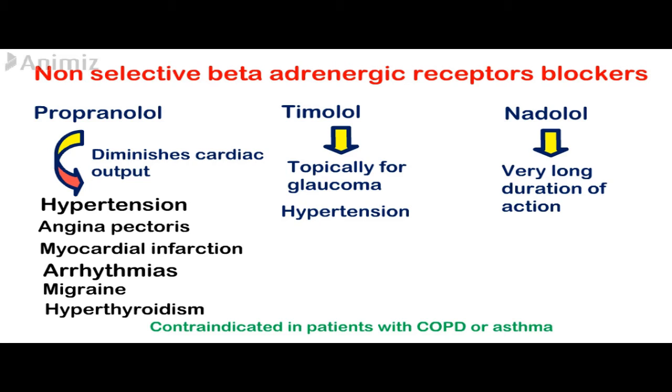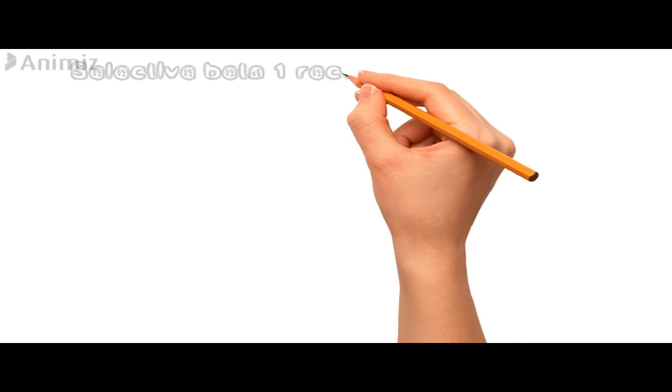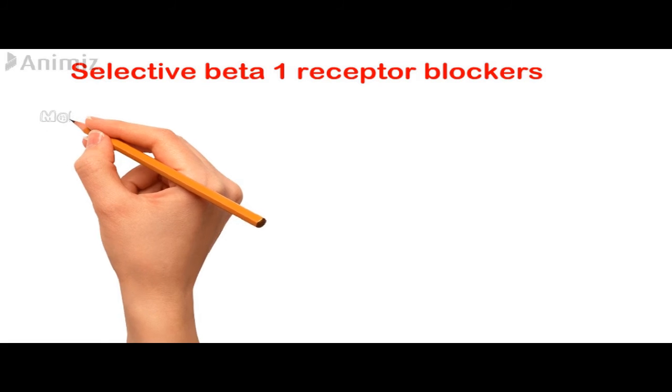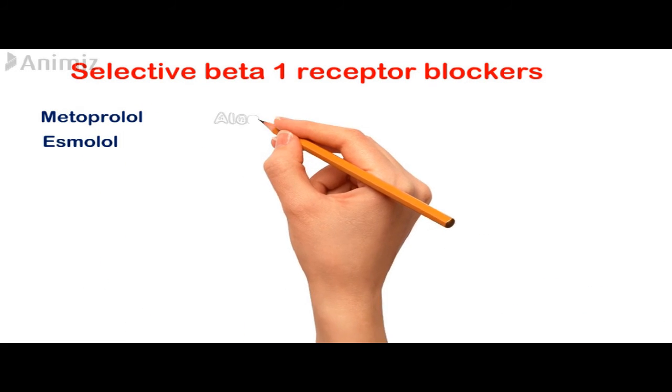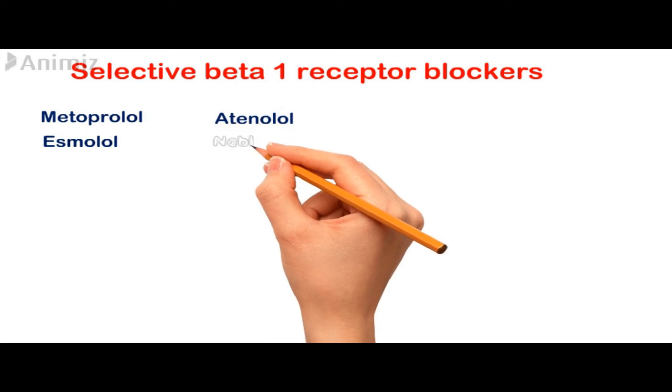These drugs are contraindicated in patients with chronic obstructive pulmonary disease or asthma because they block beta-2 receptors which are found on the bronchial smooth muscles. While the selective beta-1 receptor blockers include metoprolol, esmolol, atenolol, nebivolol, bisoprolol, and finally betaxolol.